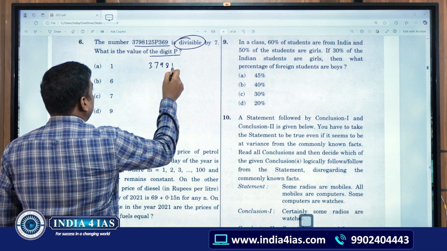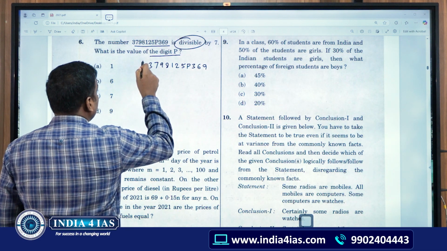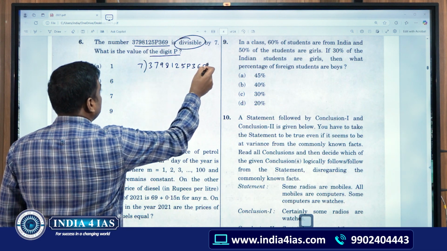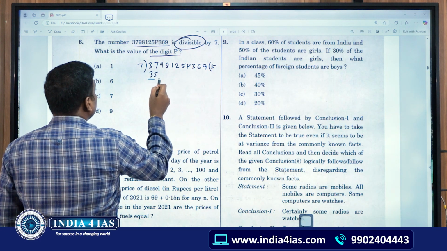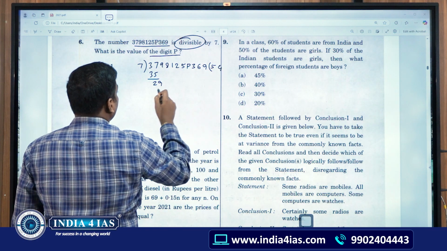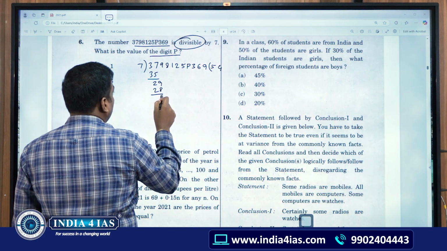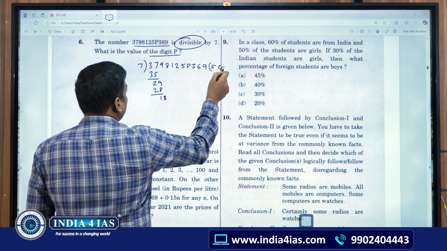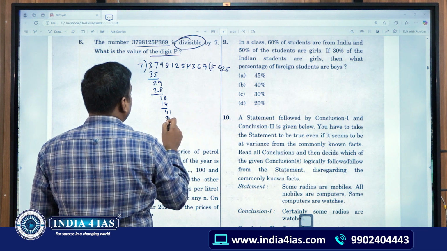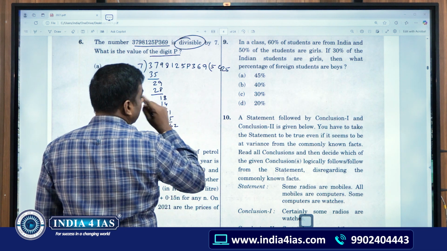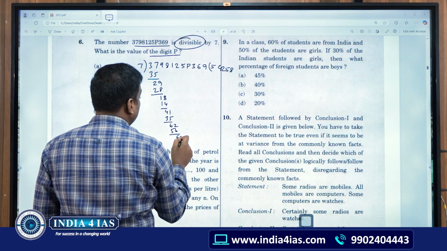The number is 3, 7, 9, 8, 1, 2, 5, P, 3, 6 and 9. So here when I divide by 7, 7 5s are 35, then 2, 9. 7 4s are 28, then 1, then 8 here. 7 2s are 14, 4, then 1. 7 5s are 35, then 6, then 2. 7 8s are 56, then 6, then 1.